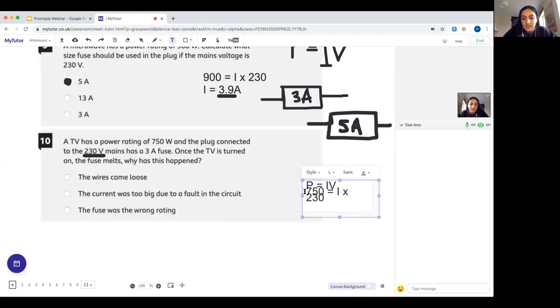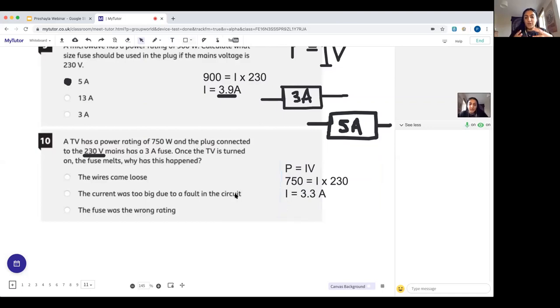So we divide 750 by 230 to get 3.3. So our current here is 3.3 amps. And that's our first step done.